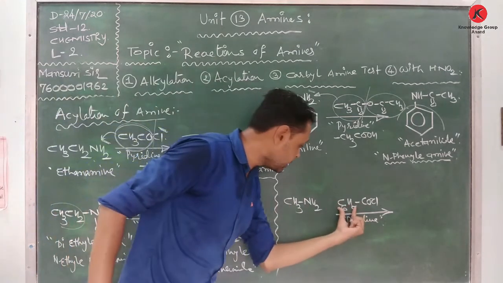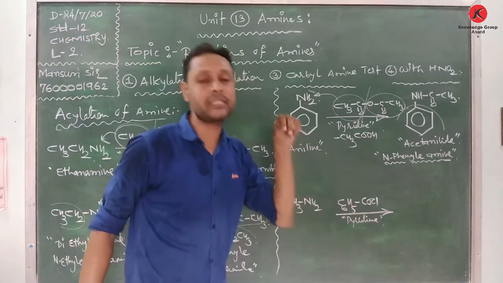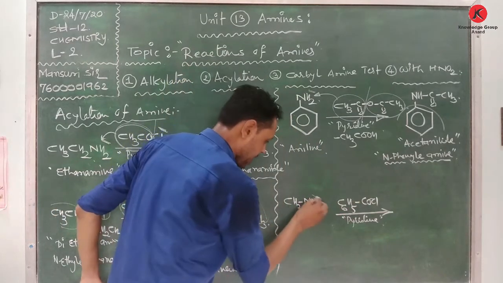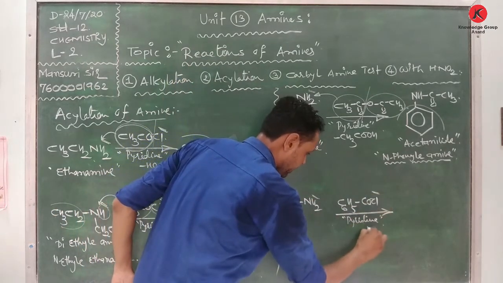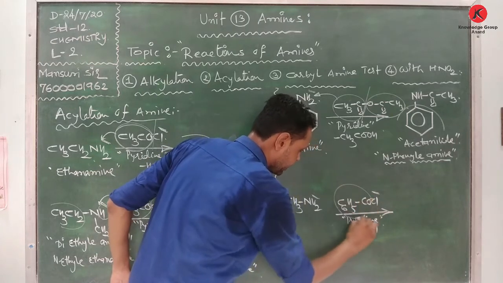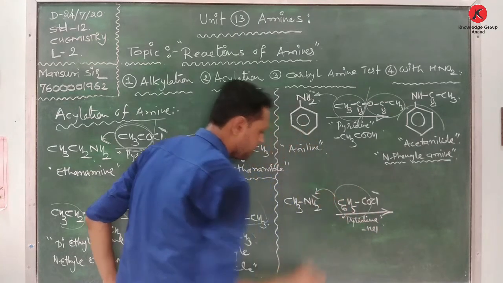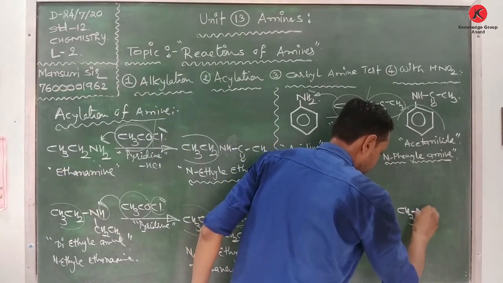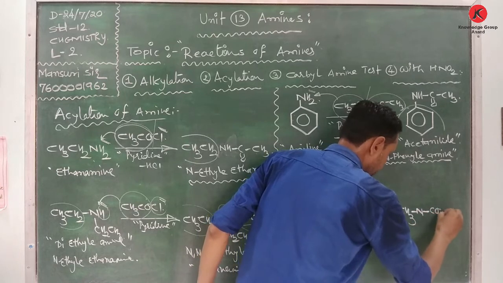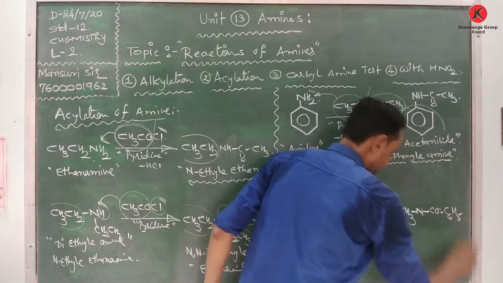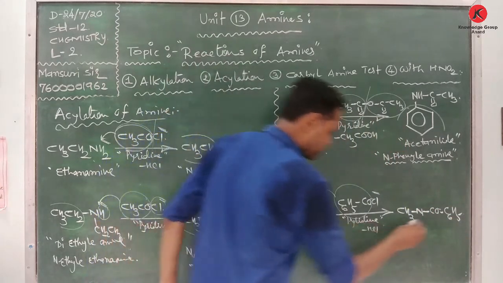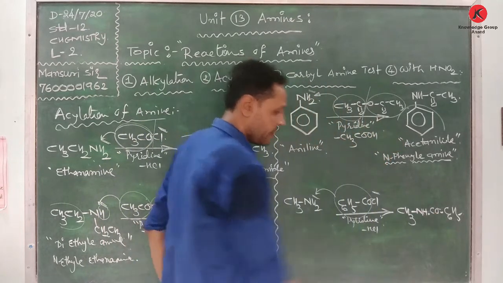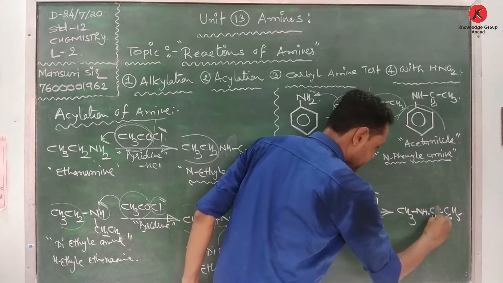This is benzene plus CO. A benzoyl group is there, so the reaction will be known as benzoylation. So here hydrogen and Cl will be removed as HCl, and thereafter this benzoyl group will be attached on nitrogen. So CH3NHCOC6H5.